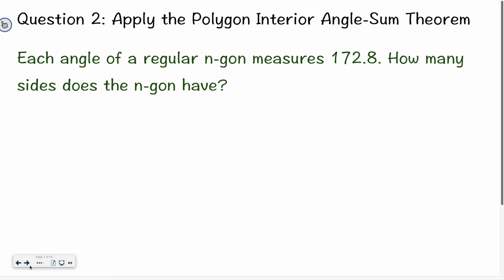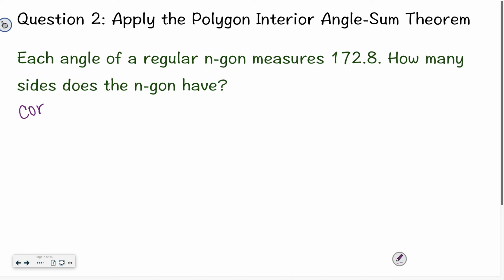So question 2, again, you're going to apply the Polygon Interior Angle Sum theorem. And we have each angle of a regular n-gon, so we don't know how many sides, measures 172.8 degrees. How many sides does this n-gon have? So I'm going to give you a clue.